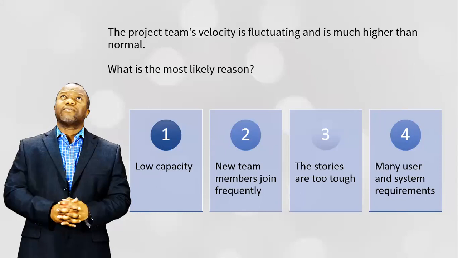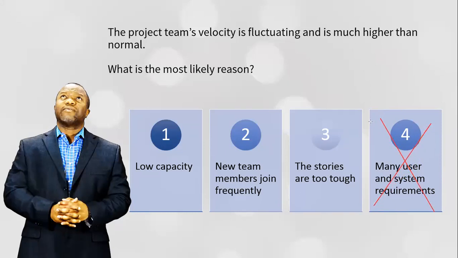So when velocity fluctuates, what we know for sure is it could be as a result of people not being available for as long as they need to be. Number 4 is very presumptuous. It says many user and system requirements.